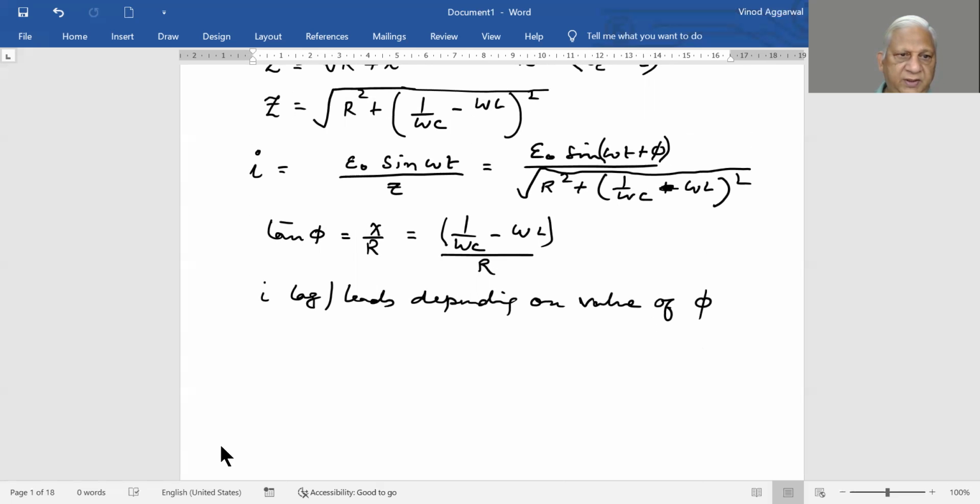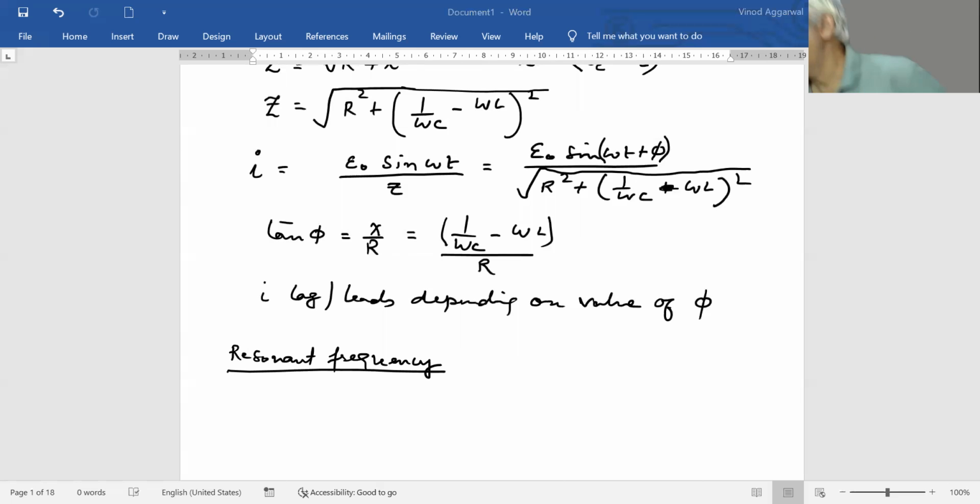Now, next topic is resonant frequency. We have seen this formula, I'm going to repeat it.